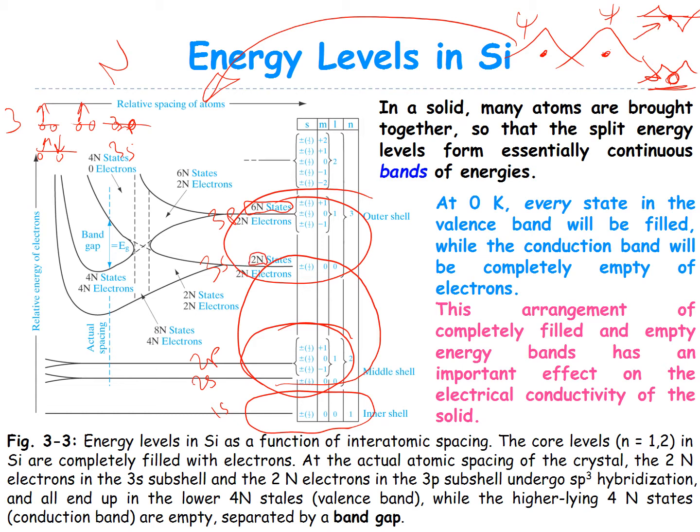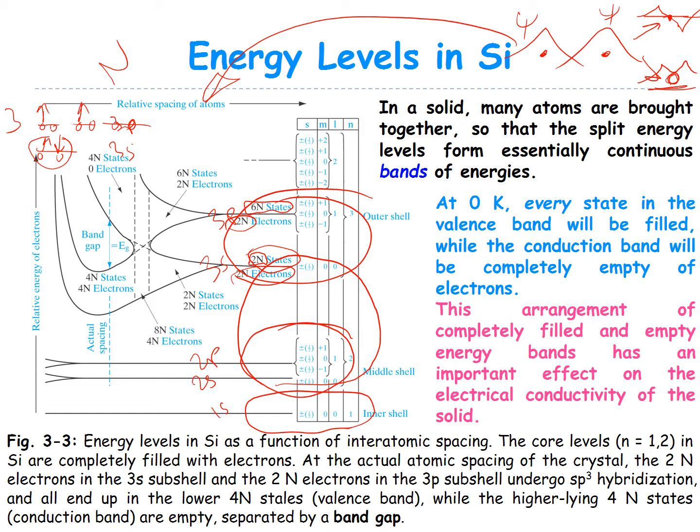And in the 3s orbital, you have exactly 2n electrons, because they are all filled. But in the 3p orbital, you have 6n states, but only 2n states are filled. So you have 2n electrons and 6n states.